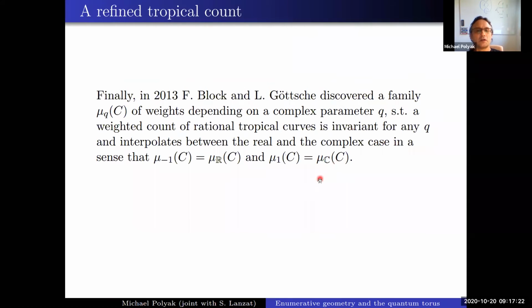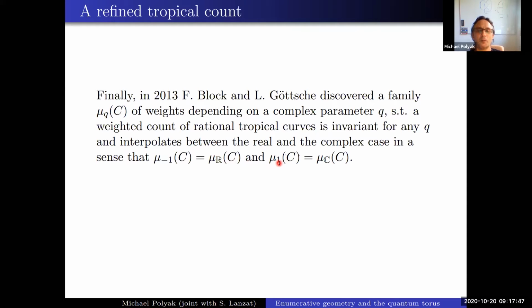complex curves, or the weights with which you count real curves, could be united in a family of weights which just depend on a parameter q, which takes some complex values, and each one of these corresponds to a fixed value of q.